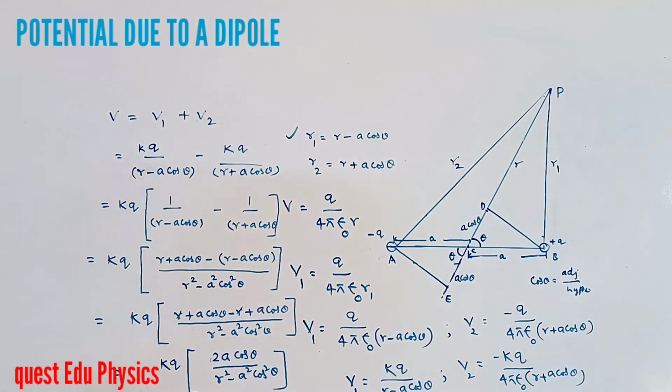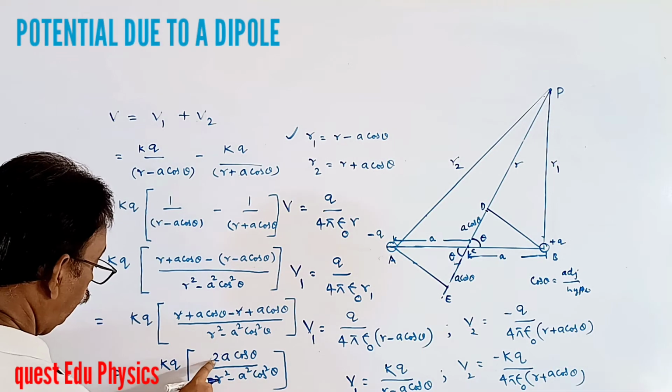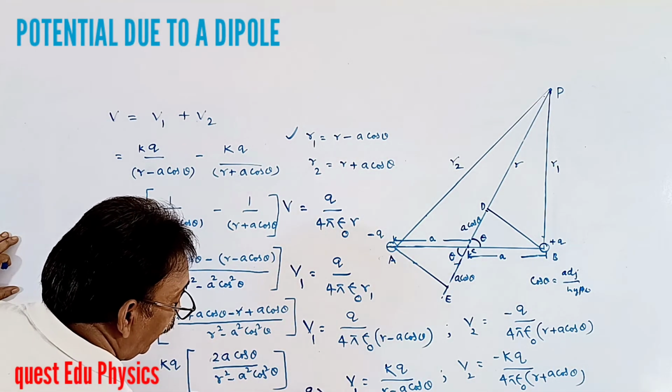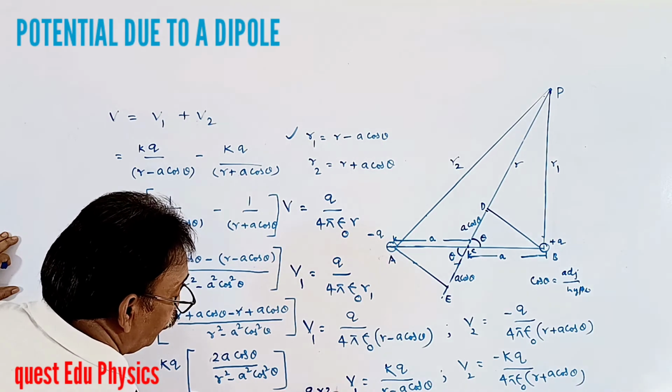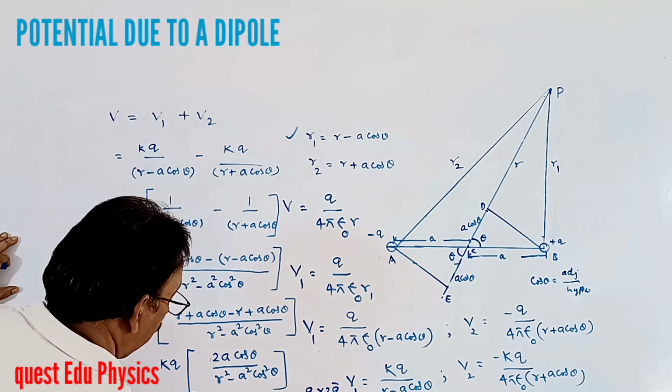Yes, students. Okay, students, here we know that Q multiplied with 2A is equal to what? P naught.